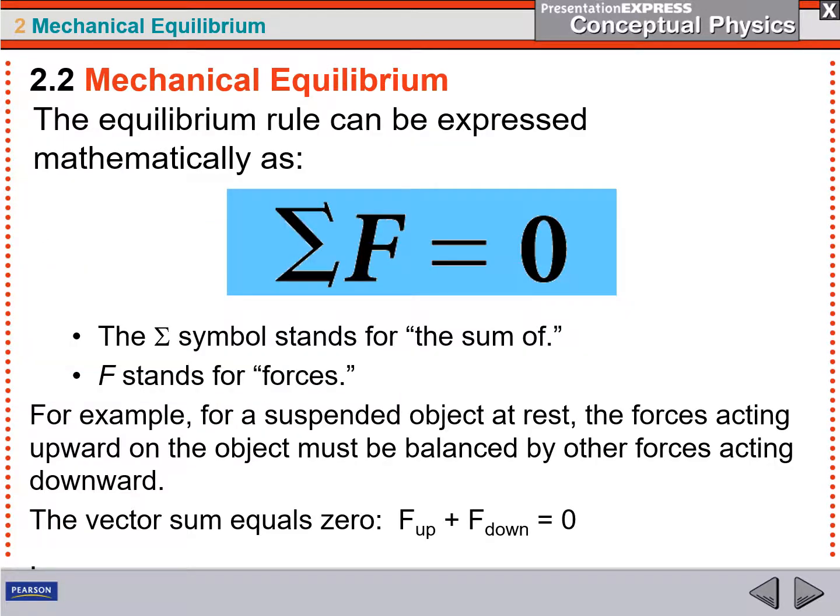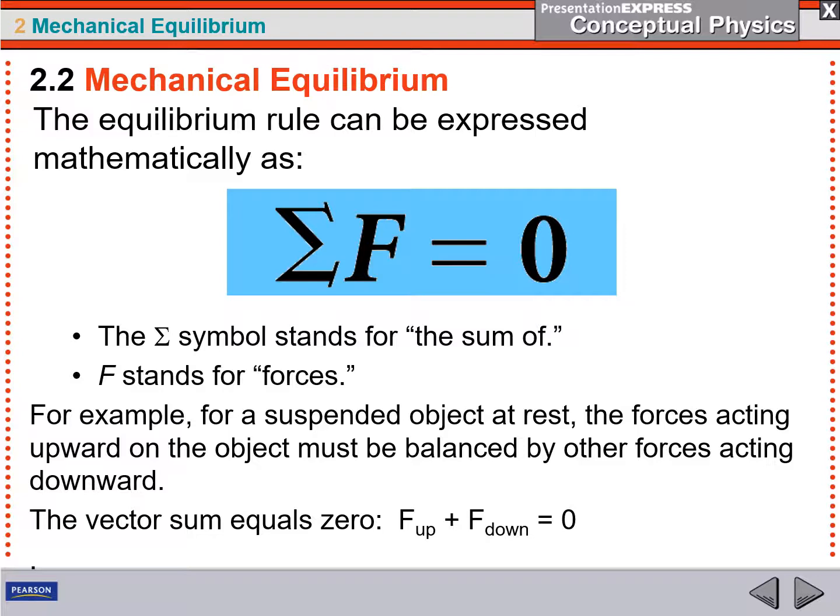The equilibrium rule can be expressed mathematically. If you look in the blue square here, you see a funny looking letter, something like an S or an E. That's actually the Greek letter for our capital S. We people in America call that sigma.